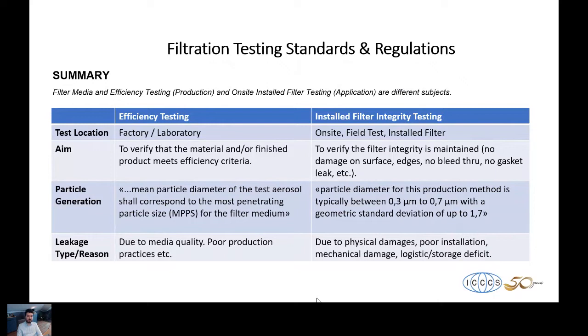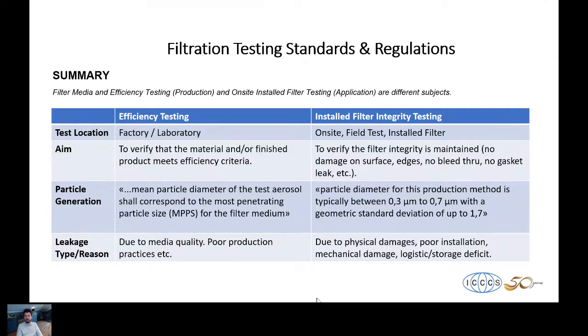The aim of the filter testing for efficiency is to verify that the material and/or the finished product meets the efficiency criteria. However, for an installed filter, our aim is to verify that the filter integrity is maintained. In terms of particle generation, we have to focus on our MPPS particle size so that we will be able to generate more particles this way.